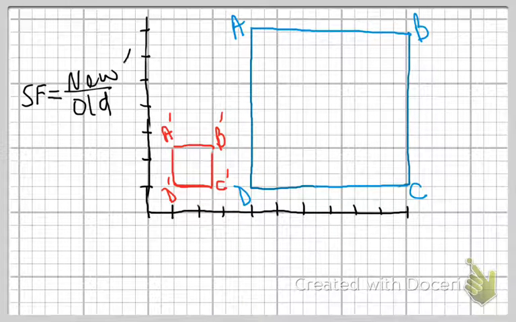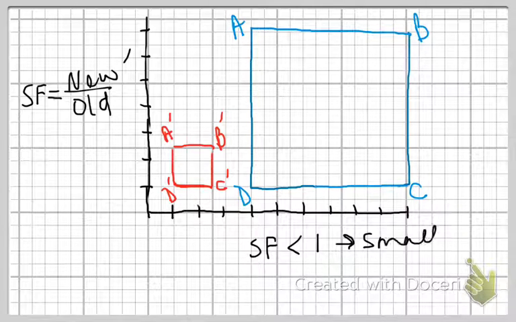So you can see that the shape's gotten smaller. If ABCD is the original and it's big, and then we go to A prime, B prime, C prime, D prime, and it's very small, we know that our scale factor has to be less than 1. Remember, scale factor has to be less than 1 for it to be smaller. If it's greater than 1, then it's going to get larger.